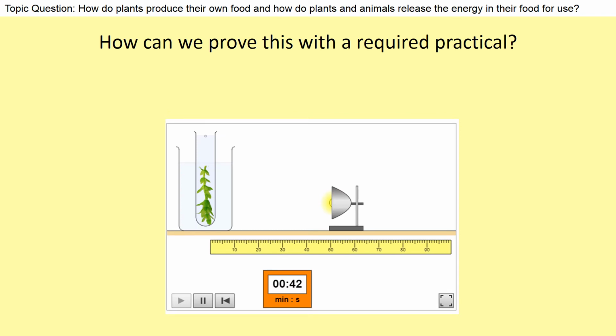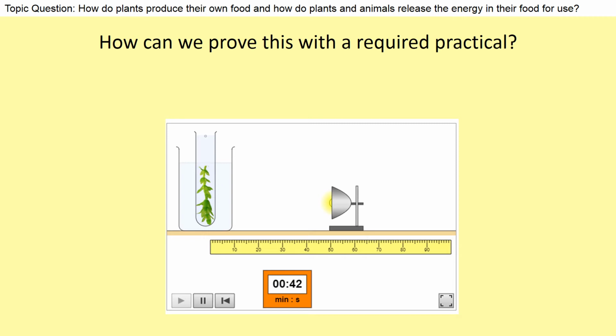How can we prove that these limiting factors are actually having an effect on plants? We can look at experimentally changing the light or the temperature or the carbon dioxide by carrying out this practical here. So it's very difficult to be able to measure how fast photosynthesis is happening when it's happening in the cells of a plant.